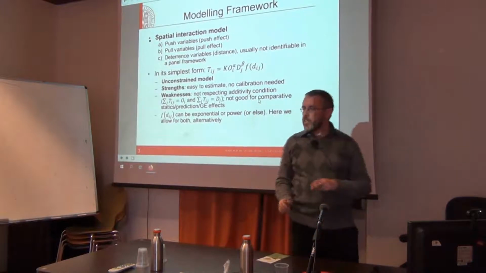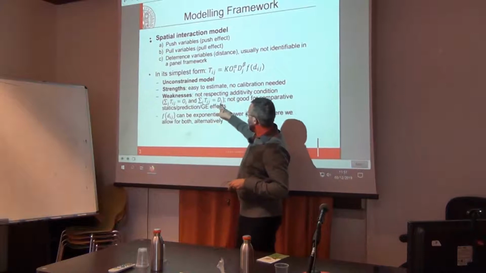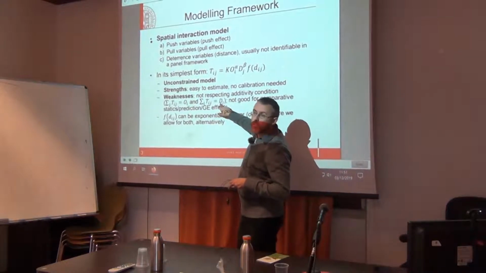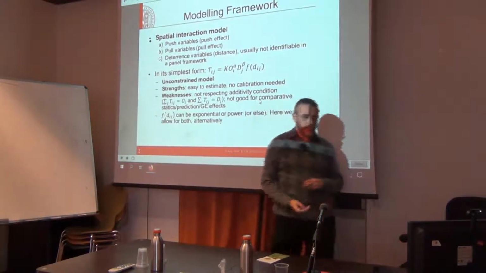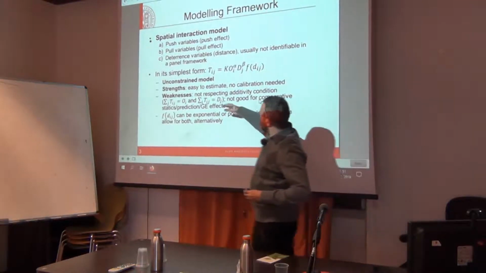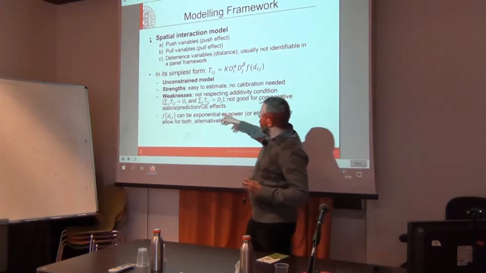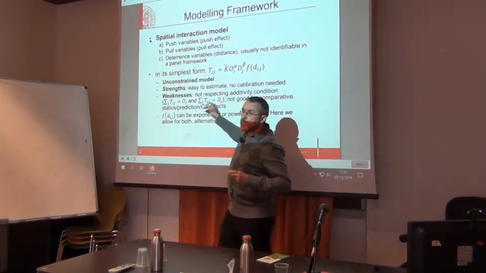With tourism, it's the number of people who travel out of every region and the number of arrivals in every region. So depending on the context, they change slightly. The problem with this unconstrained version is that if you estimate it with OLS or Poisson, you don't respect these conditions.